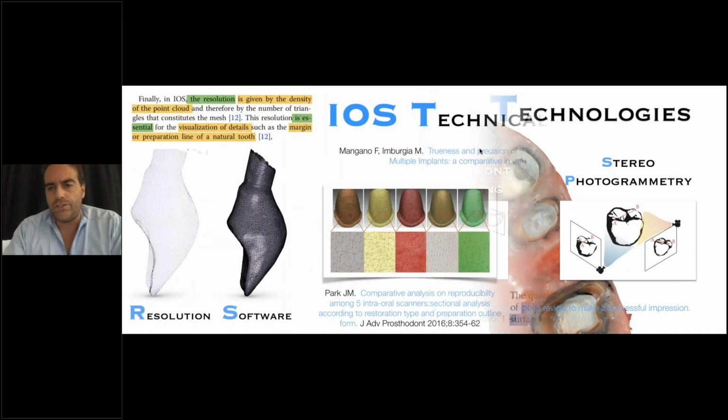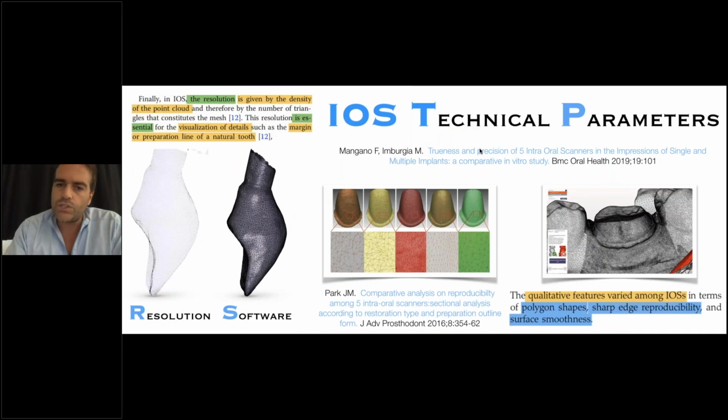We don't have to become engineers. I don't want to scare you. We just need to understand that we need a hardware which is accurate, with a resolution which is given by the density of the point cloud, and it is essential for us to visualize these details, and also these points should merge together properly through the software.